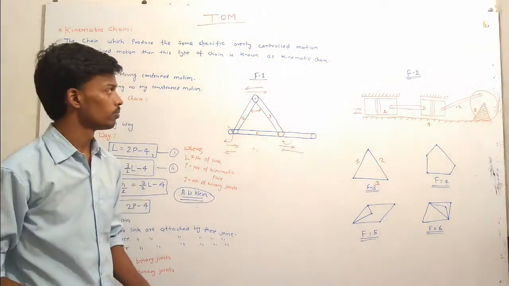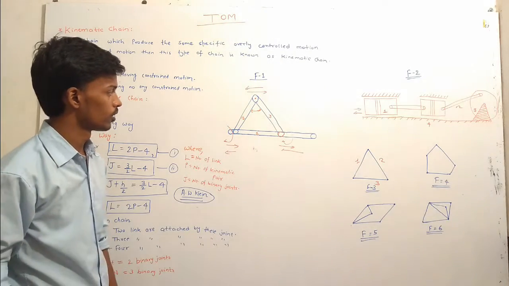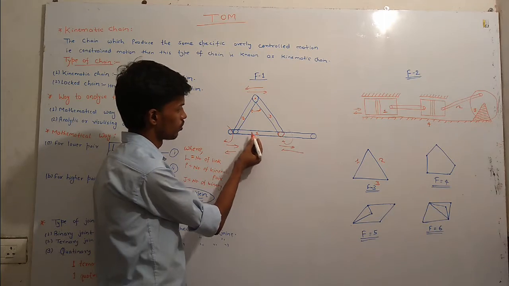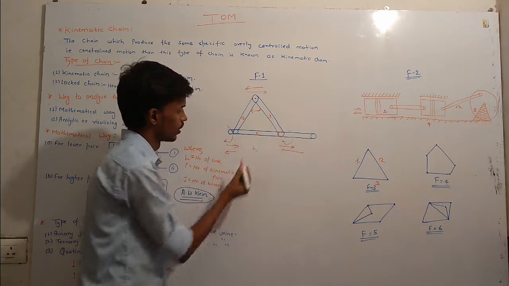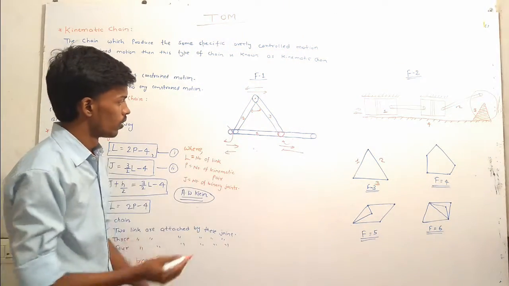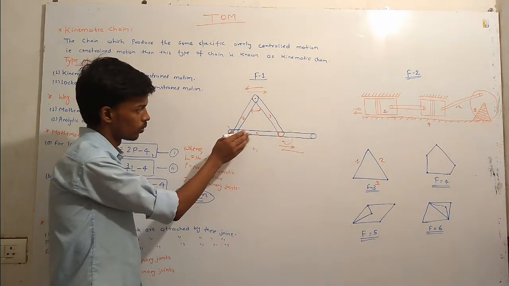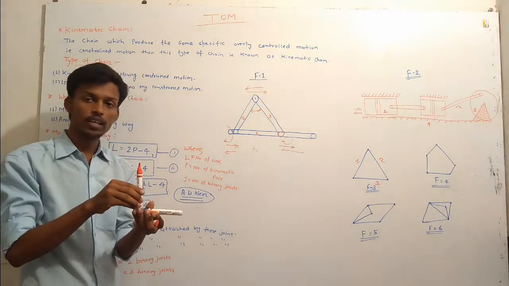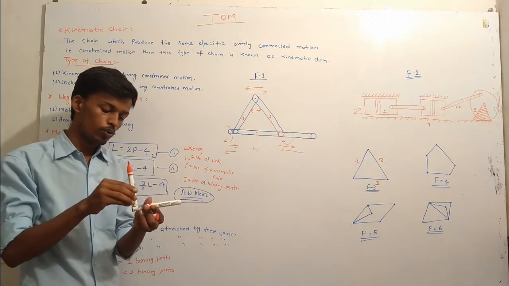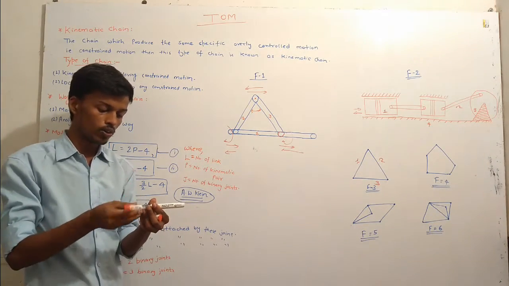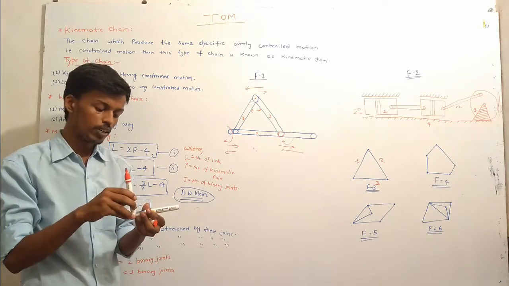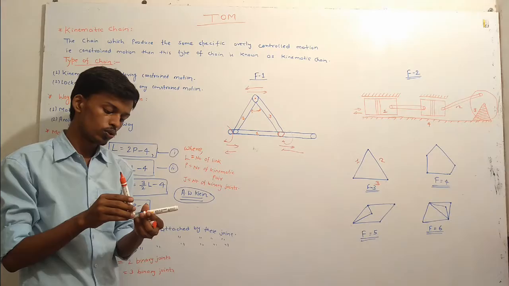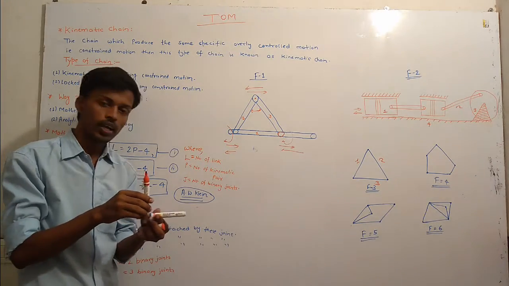Now visualize figure number 1. In figure number 1, there are 3 links: link number 1, link number 2, link number 3. Link number 2 may rotate along link number 1. This link number 2 may turn along link number 1, and it may also go forward and backward.